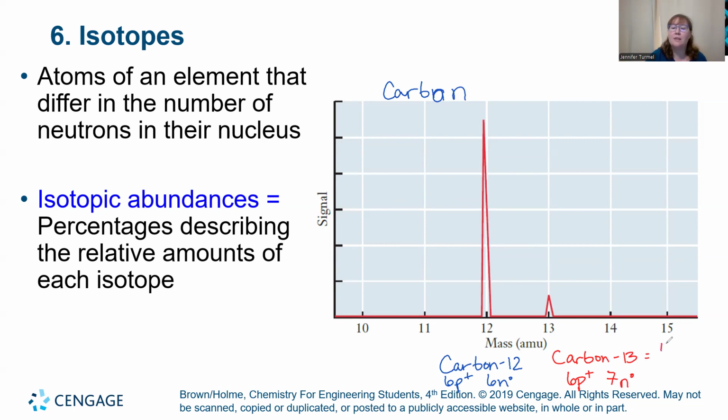So you might also see this written like this, C-13. And you might also see your carbon 12 listed like this. Okay. All right, so now let's take a look at what's going on in a little bit more detail.